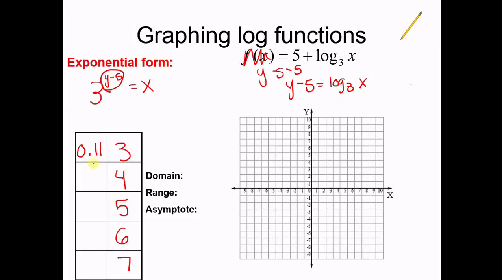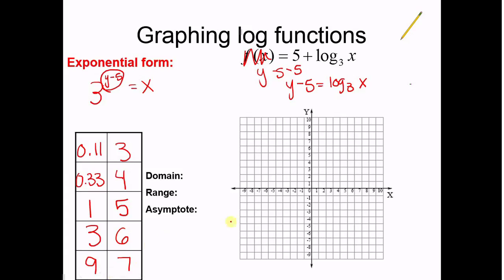So 3 to the negative 1 is 0.33. 5 minus 5 is 0, so we would get a 1. Plug in the 6, 6 minus 5 is 1, 3 to the first is 3. And a 7, 7 minus 5 is 2, so 3 to the second is 9.